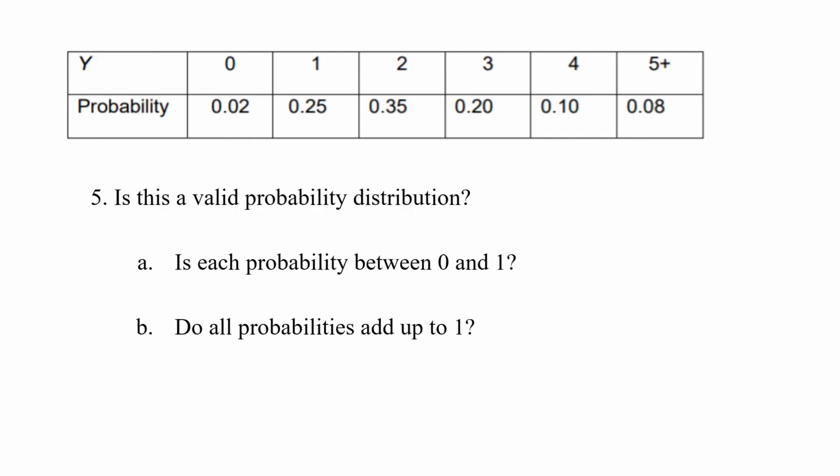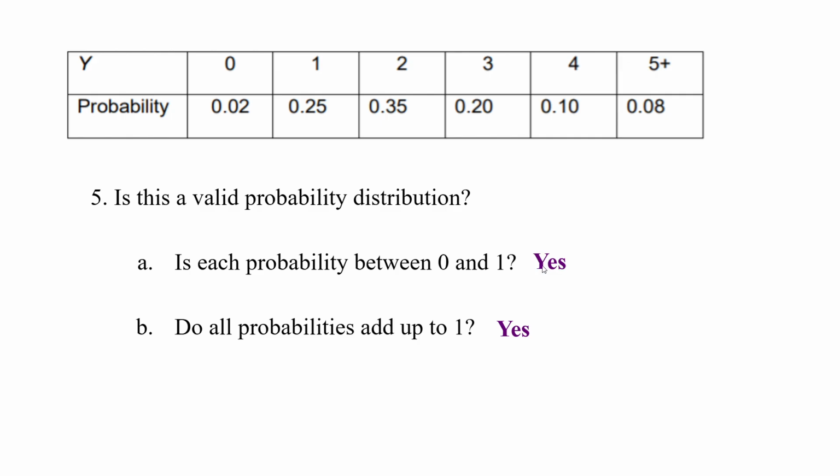And then using that same data, looking at number 5, we're going to determine whether or not this is a valid probability distribution. Okay, so looking at A, is each probability between 0 and 1? We've already said yes, just a second ago. Do they all add up to 1? If we were to add the 0.02, the 0.25, 0.35, 0.2, 0.1, and 0.08, yes, they do all add up to 1.